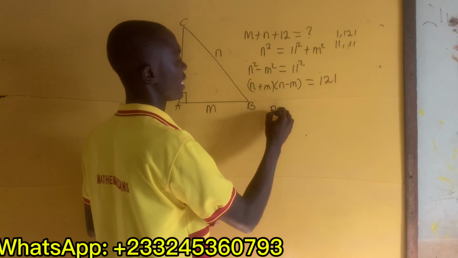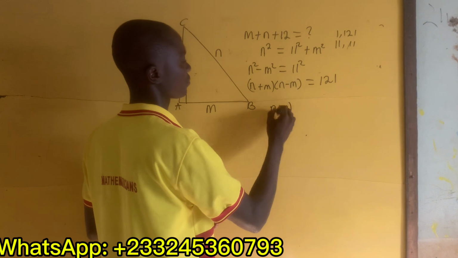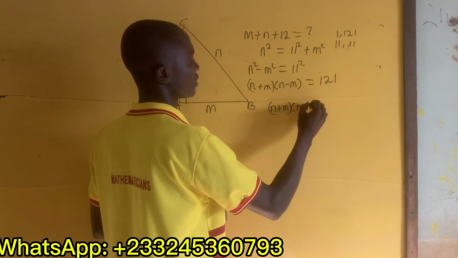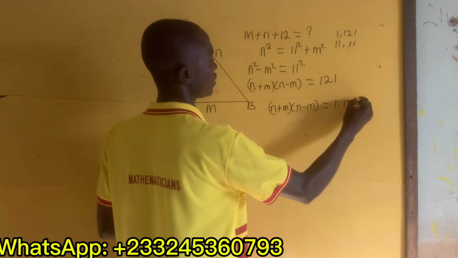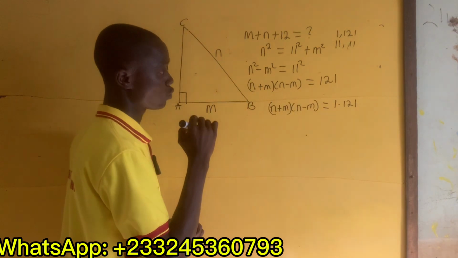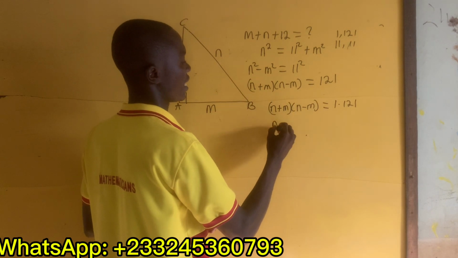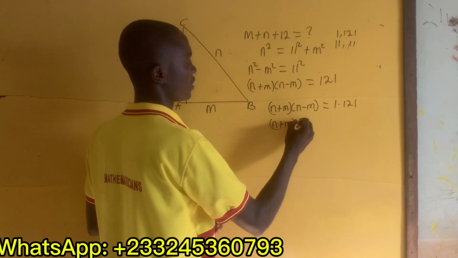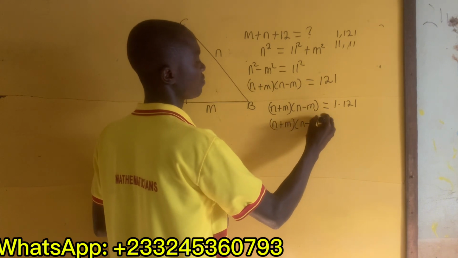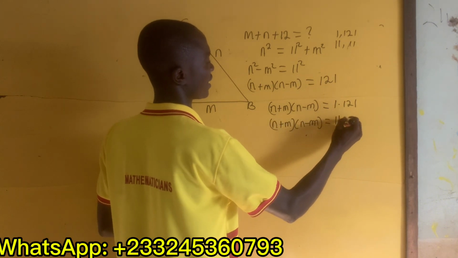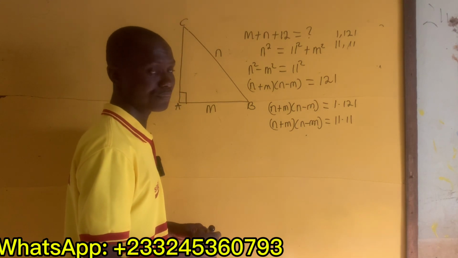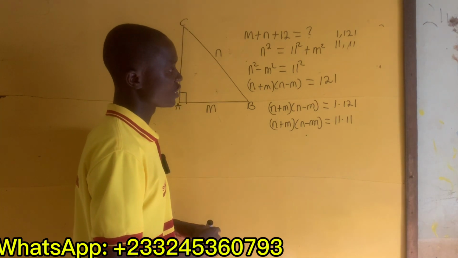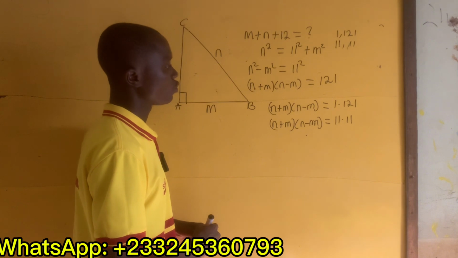So n plus m times n minus m is equal to 1 times 121. That is one case. Or n plus m times n minus m equals 11 times 11. You also have another case there.